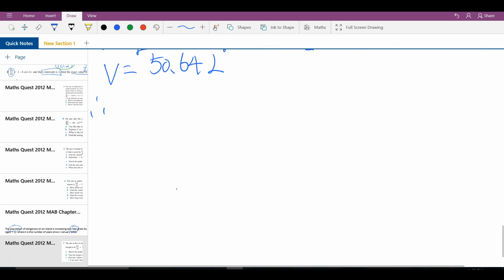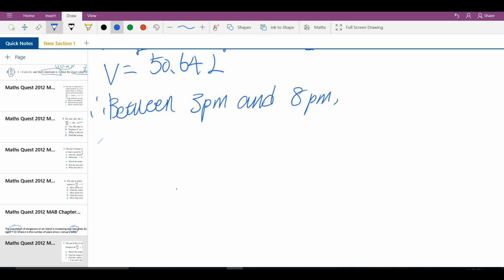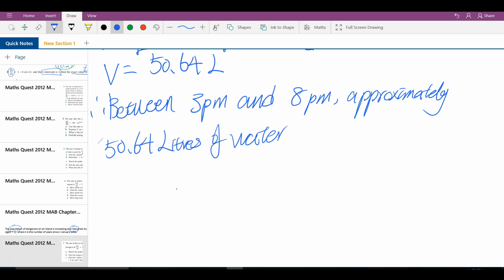So this time it is between 3 PM and 8 PM, approximately, because we round things up, 50.64 liters of water flowed into the system. Great, so that's that answer.